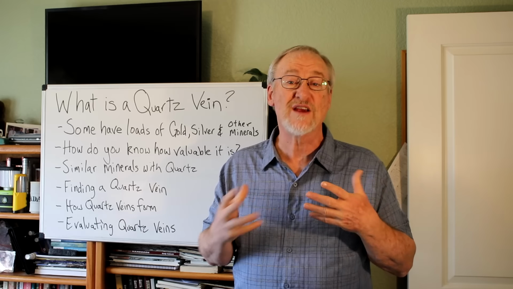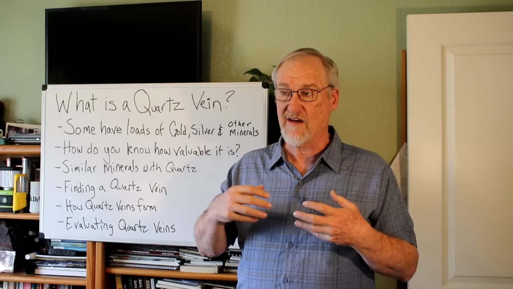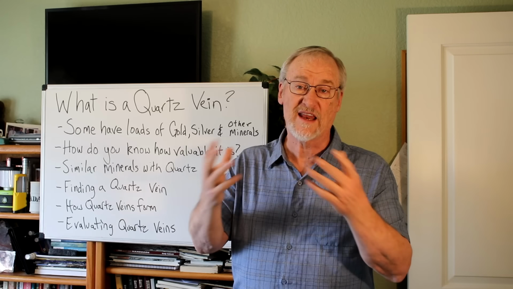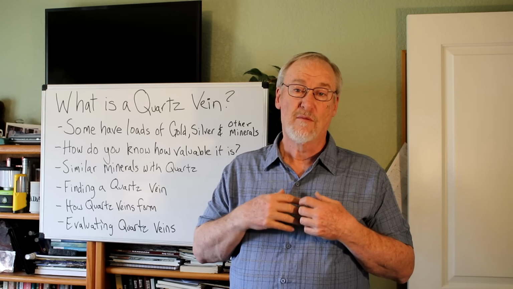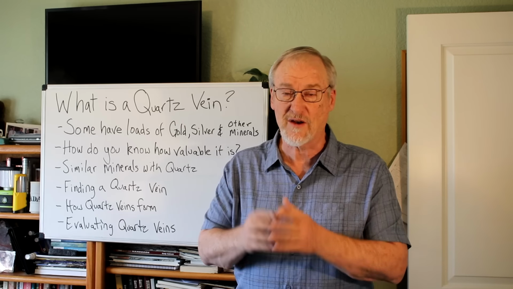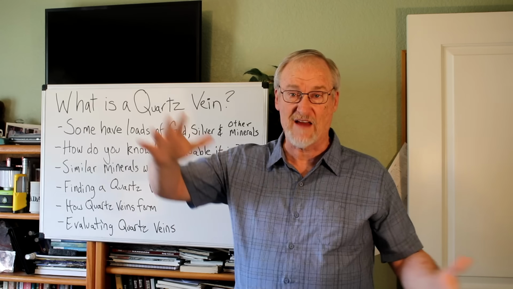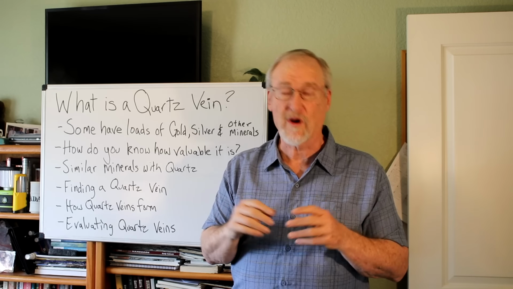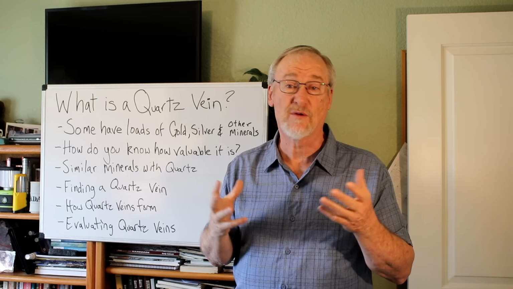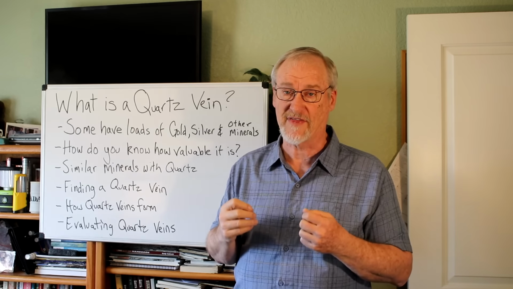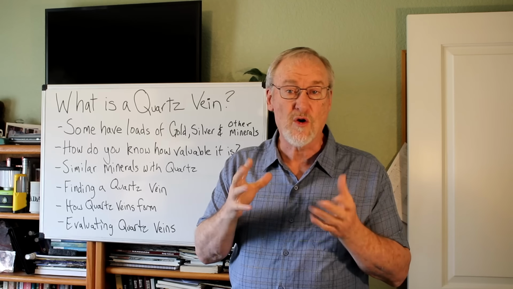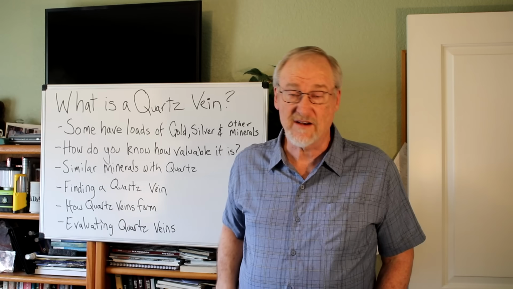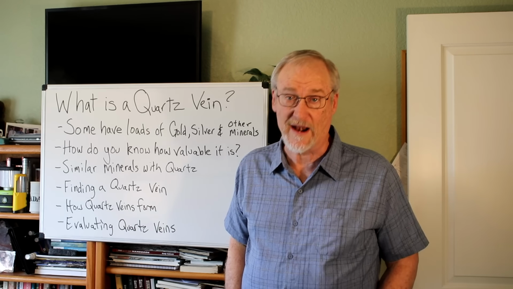It's an operation of scale where you have huge amounts being processed at a low cost, and they're able to, because they're processing so much of it, and they don't just have a little narrow quartz vein, they'll have a big deposit of gold ore that's low grade, and sometimes they're literally removing a mountain type of thing. At low cost, they're able to process it and make money, especially considering that the price of gold is so high right now.